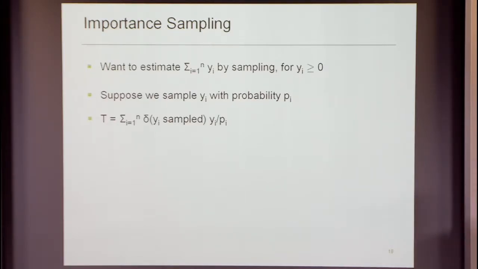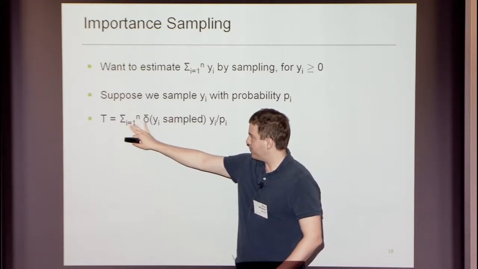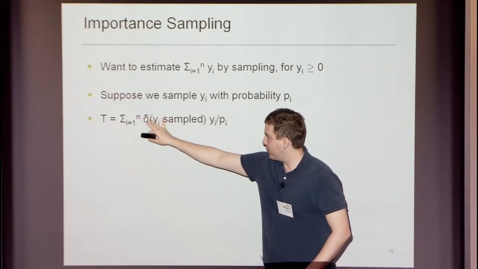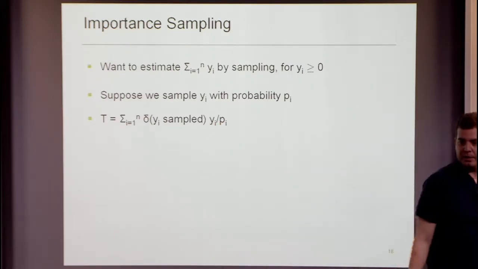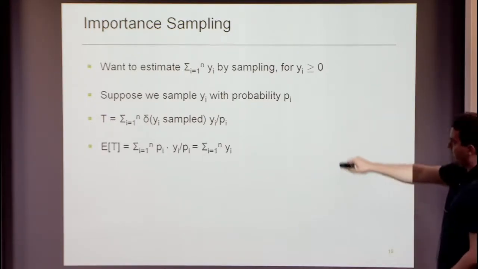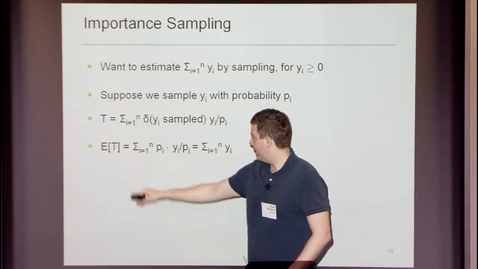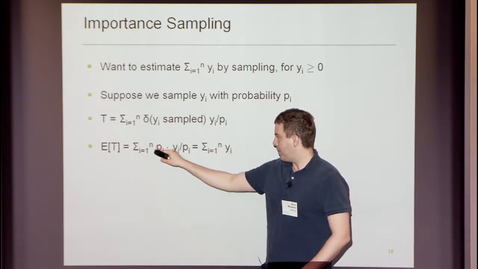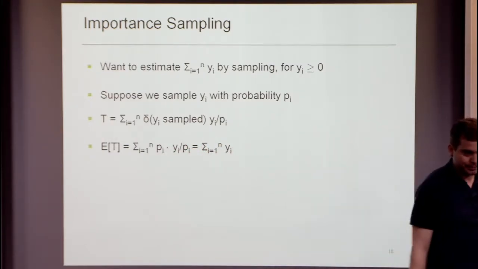And we consider the following estimator T, which is the sum from i equals 1 to n of an indicator which says if y_i was sampled, times y_i over p_i. Okay. So then for any set of p_i's that I choose, the expectation of this random variable, I get the sum of p_i times y_i over p_i. I get what I want in expectation.